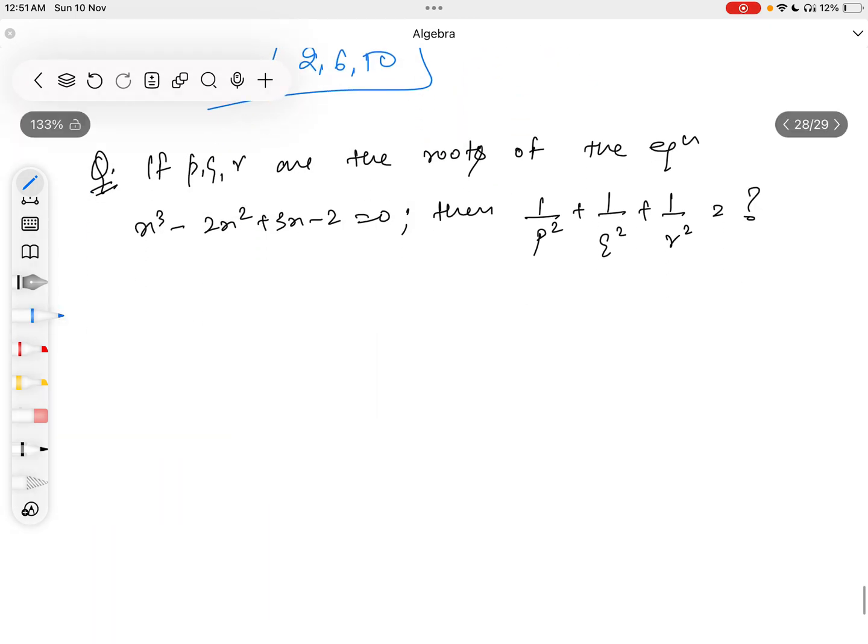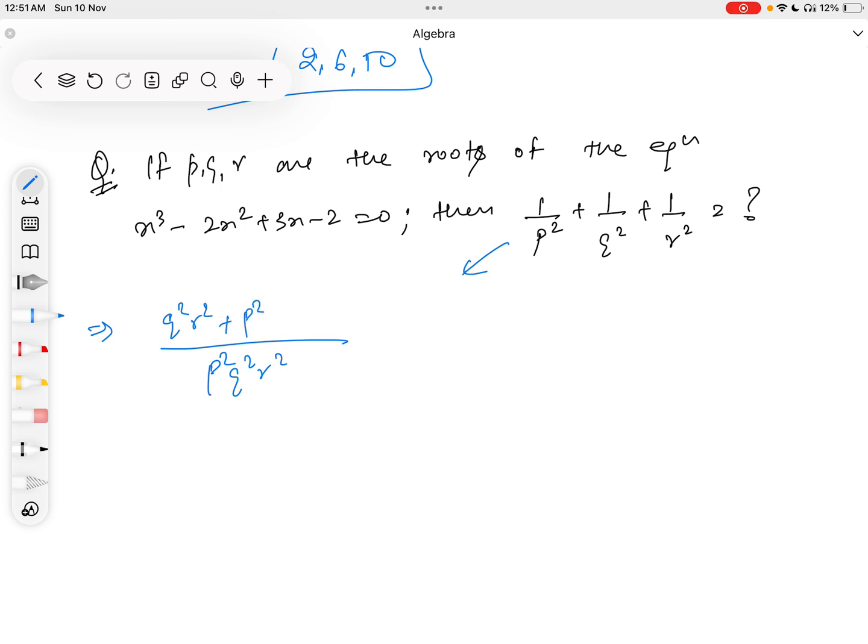This is something that you need to find. Can I write this as q square r square plus p square r square plus p square q square over p square q square r square? So that is correct. No issue with that.